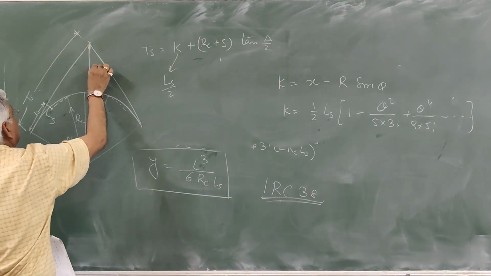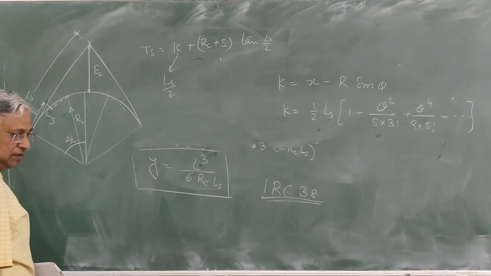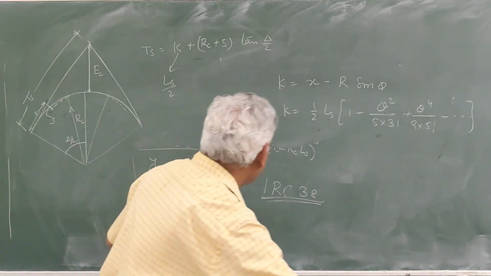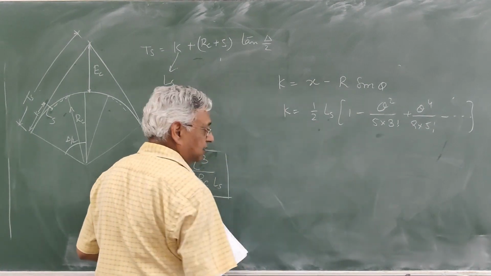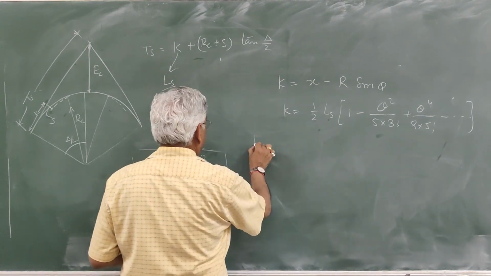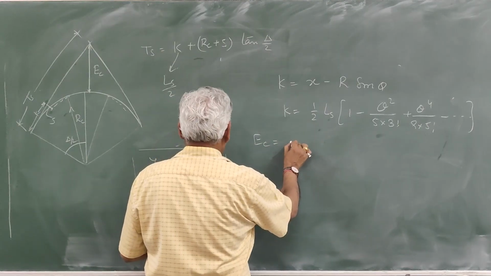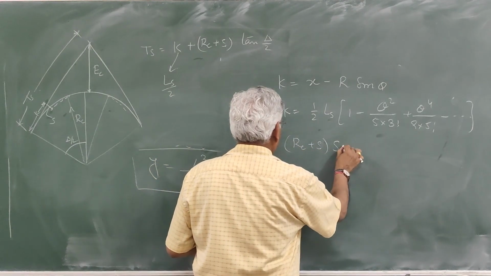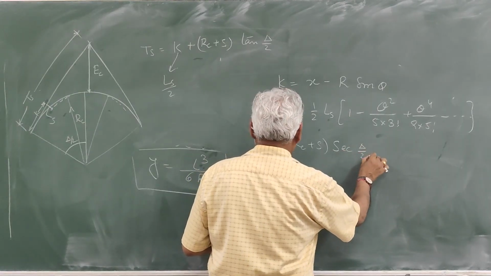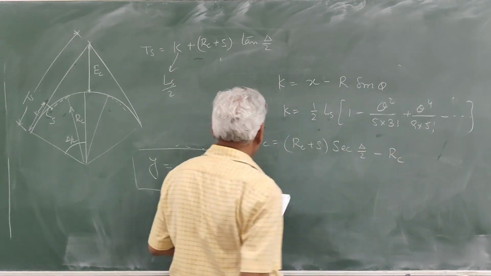That is the maximum apex distance, Ec or Es, that is Rc plus shift into sec delta by 2 minus Rc.